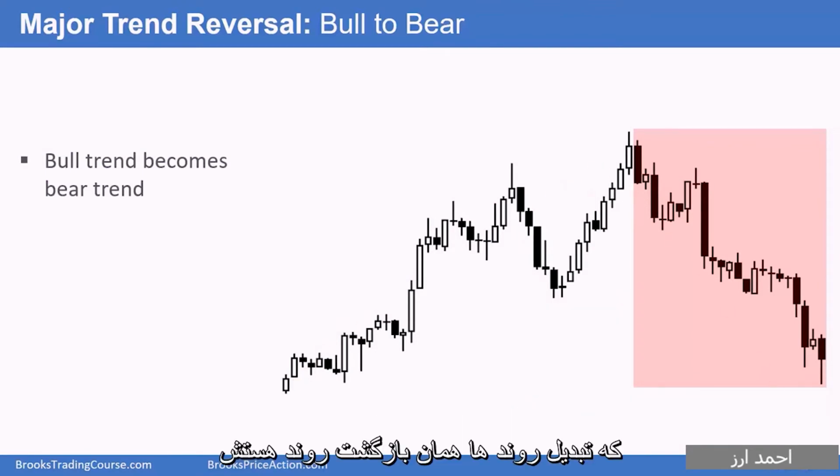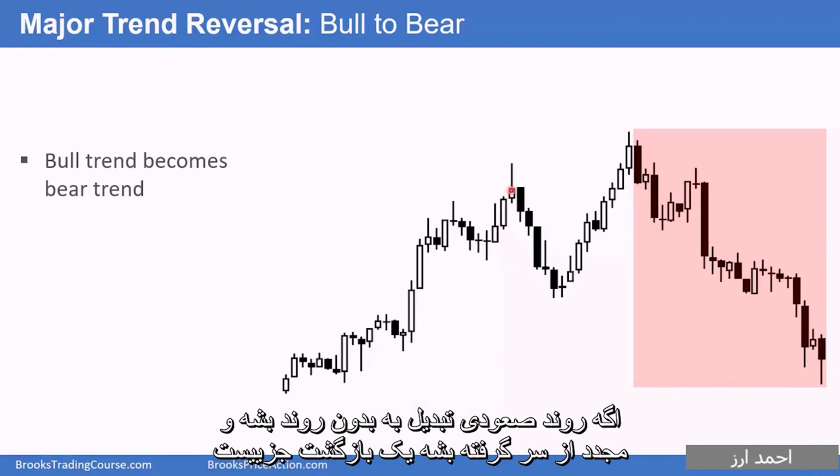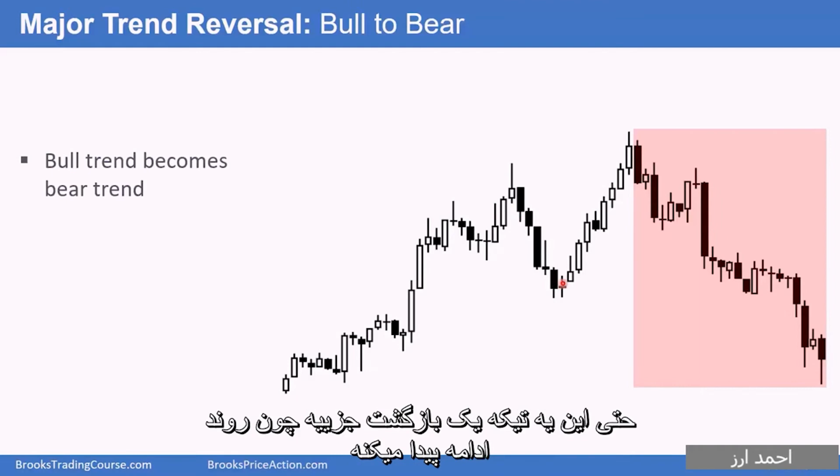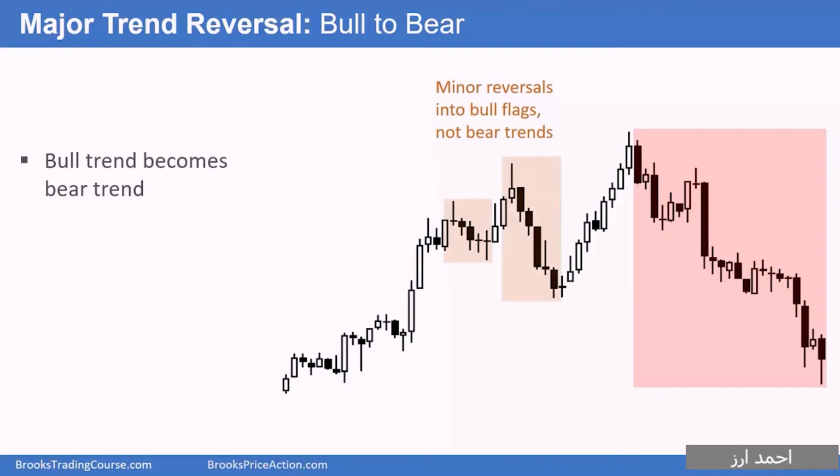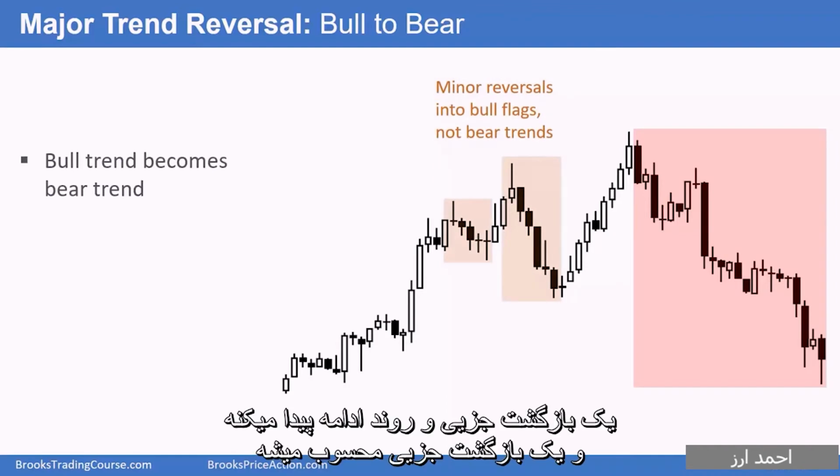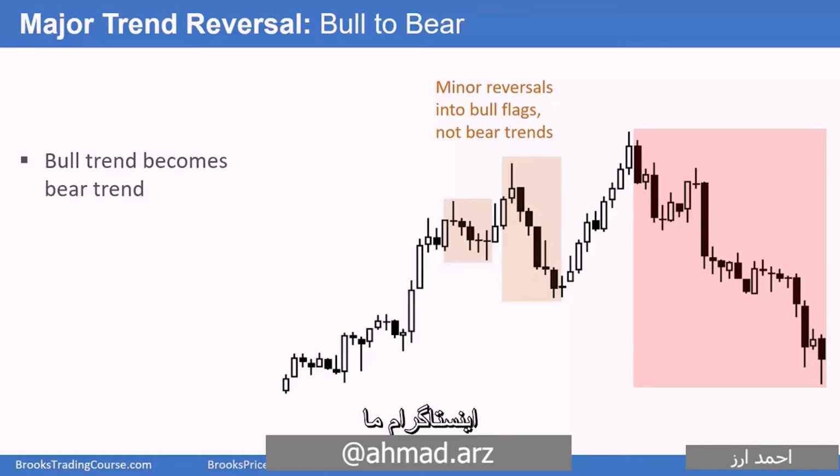If a bull trend goes to a bear trend, it's a major reversal. If a bull trend just goes sideways and the bull trend resumes, it's a minor reversal. Even this is a minor reversal because the bull trend resumed. So with a minor reversal, the trend resumes instead of reversing.